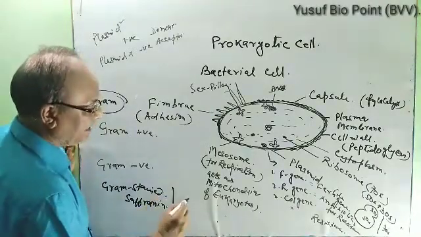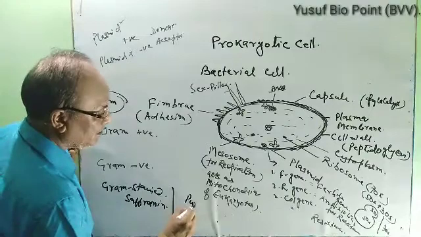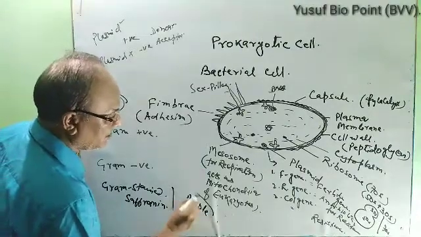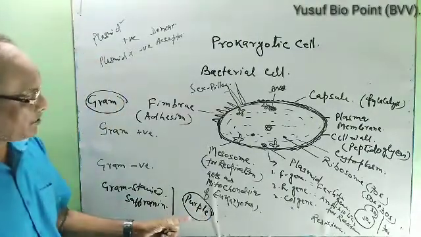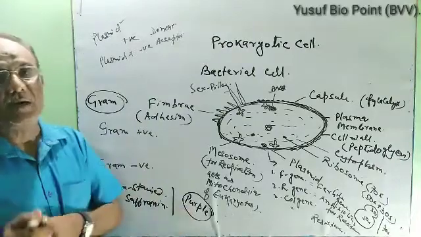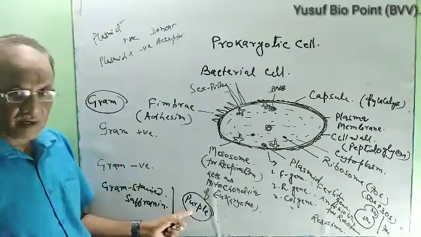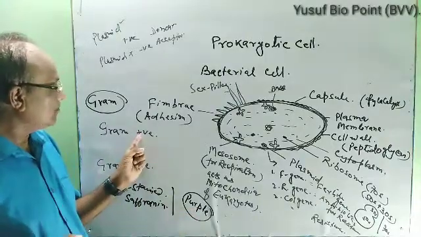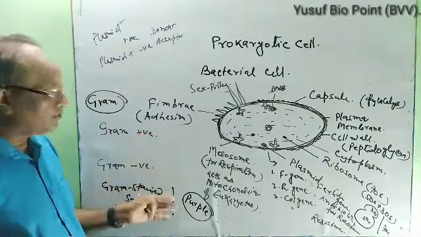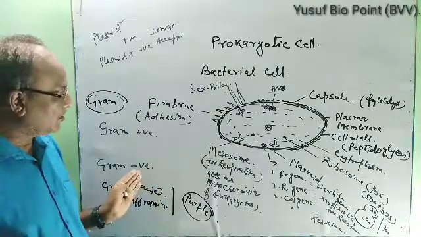Some bacteria will get purple color, some will not. Understand? Who gets purple color, that is called positive, who does not, that is called negative.